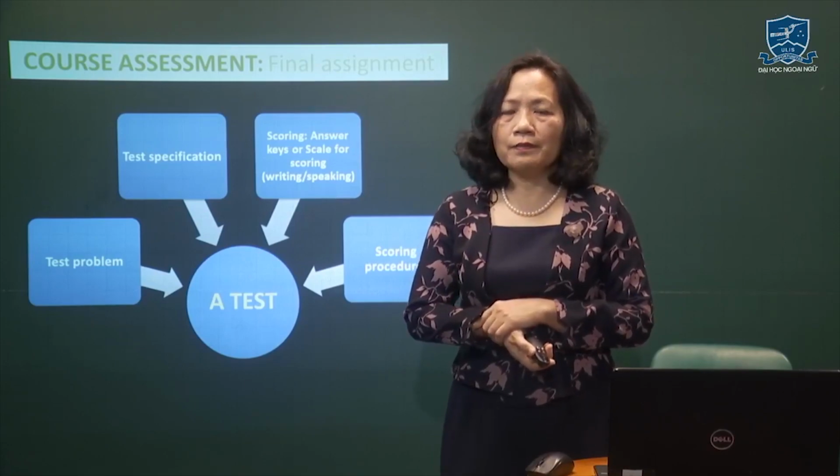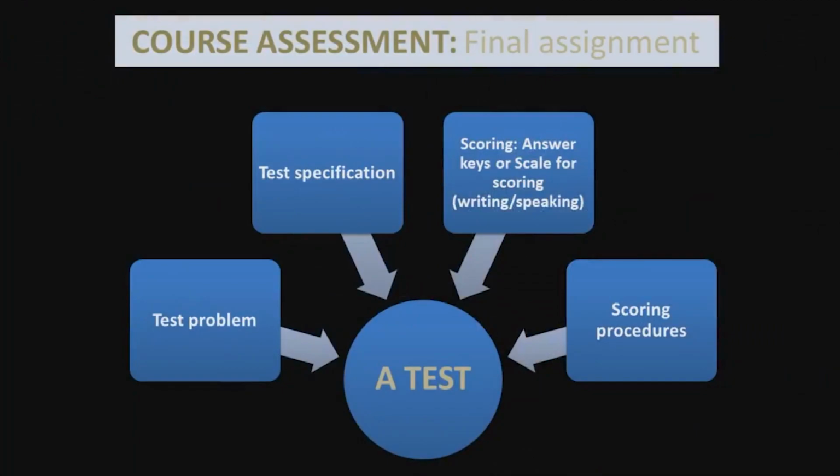Later, when we talk about developing stages in test development, we will look at how to write test specification. And after you have a test specification, of course, you will have to think about how to score the test, like preparing the answer key, or you will have to write a scoring scale for writing and speaking.